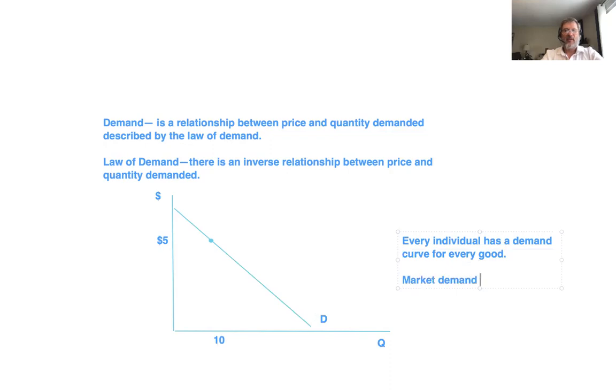Market demand curves are the, and I'll put horizontal, I put in parentheses. It's important, but I don't want to distract from the big idea. Market demand curves are the sum of individual demand curves for a particular good.